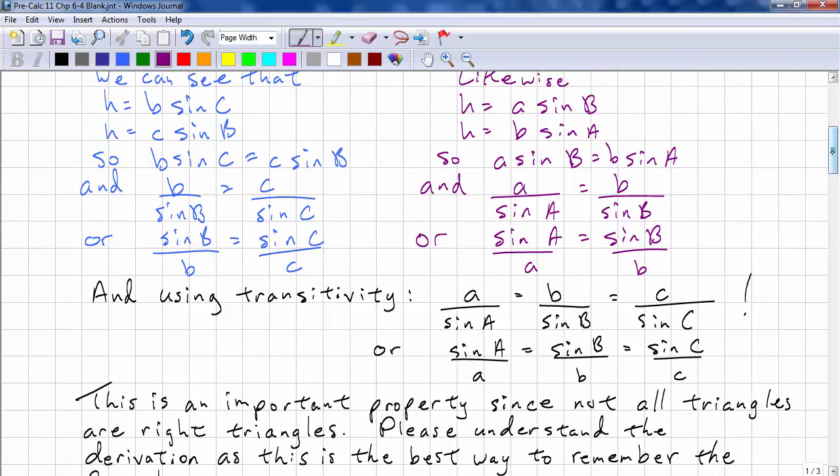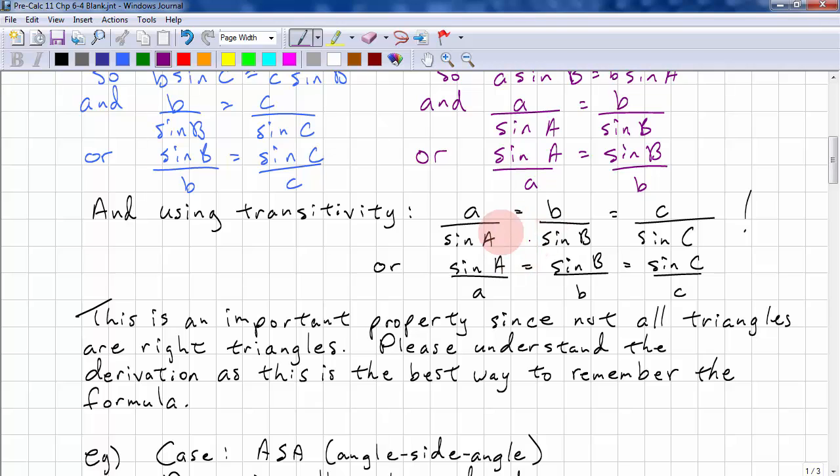And we can use a math concept called transitivity, because we have b over sine B and c over sine C, we can make a over sine A equal b over sine B equals c over sine C. So we get the same thing. a over sine A equals c over sine C. And of course, we can flip them all over.